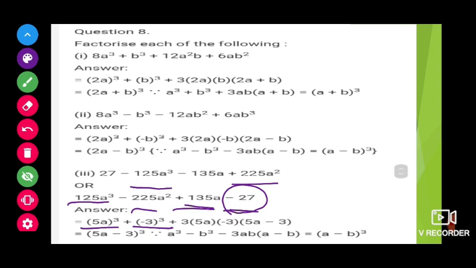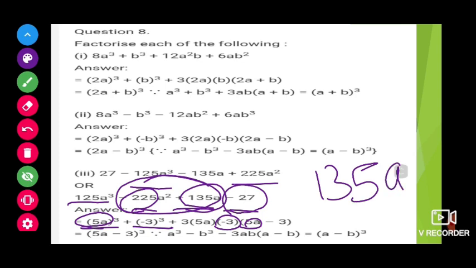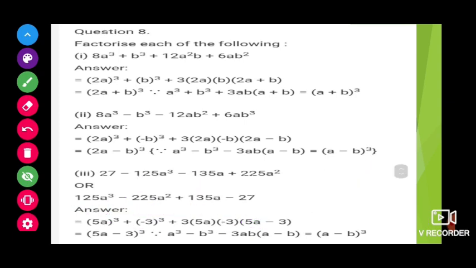So plus 3 into a means 5a, b is minus 3, into, if I take out from these two terms, 3 will go out, 5a also will go out, minus 3 also will go out. So the remaining will be 5a. And from 135a also, 3, 1s are 3, 3 fives, if 3, 5 and minus 3 go out, then the remaining will be minus 3.